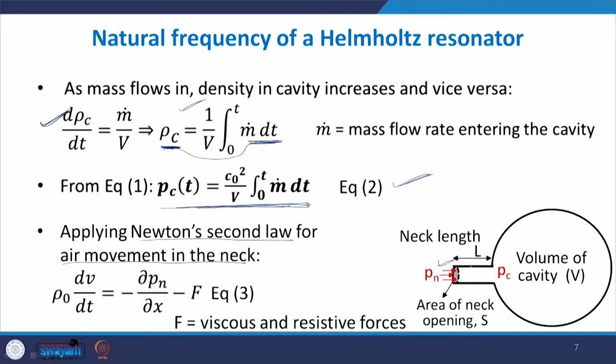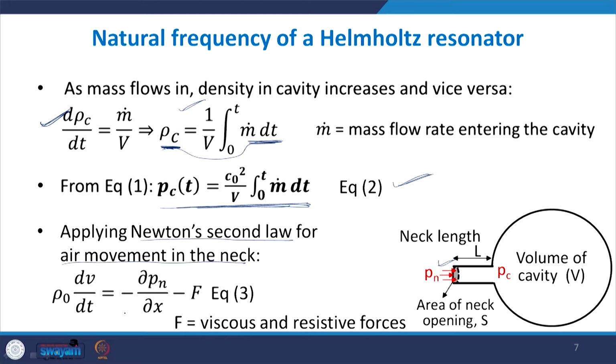Similarly, as the air flows through this particular neck, you will see that this is a solid neck and we have a fluid, air, flowing across it. So there will be viscous losses or resistive losses. Due to viscosity, these opposing forces oppose the motion of air over the neck.